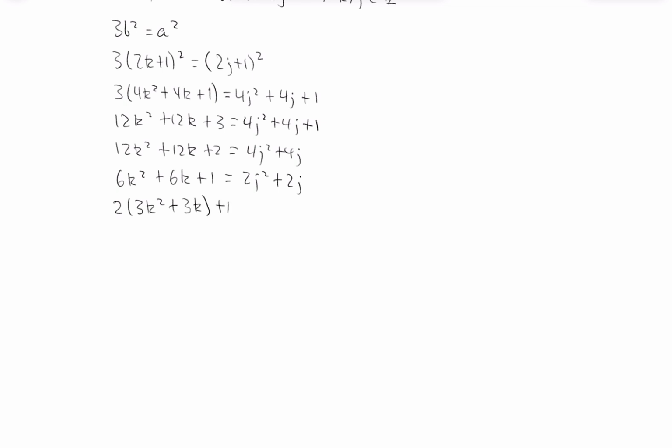Plus 1. So here, that's just this portion, and then you have the plus 1. And on the right-hand side, I just took a common factor of 2 out. So with this expression, I notice on the right-hand side, whatever this value j squared plus j is, odd or even, if I multiply that value by 2, it's going to result in an even value in the end.